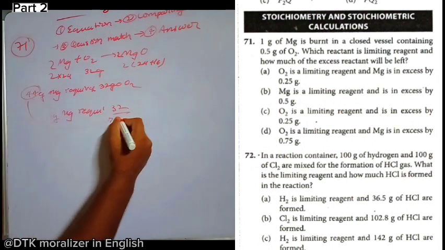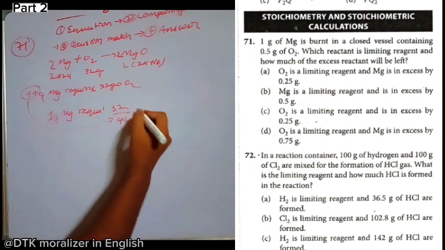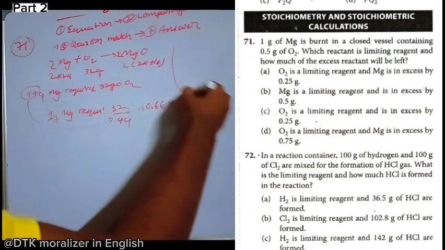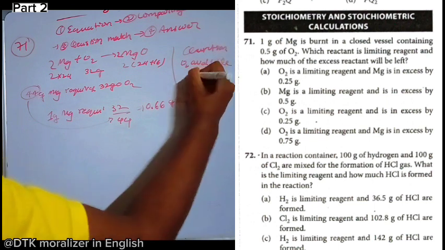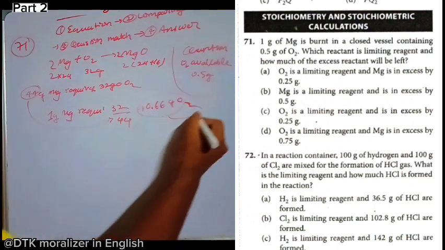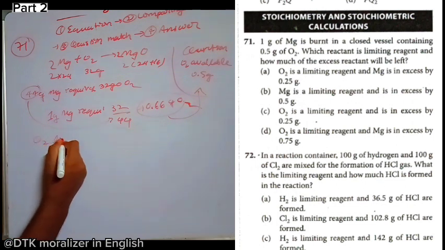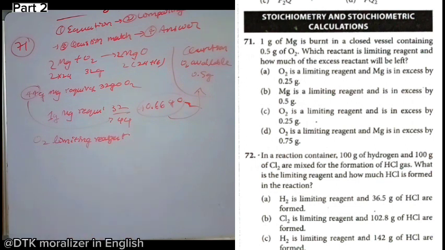For 1 gram it requires 32 by 44, which is equal to 0.66 of oxygen required. So in the question, oxygen is given as 0.5 gram. So the requirement is very high, so oxygen is the limiting reagent.